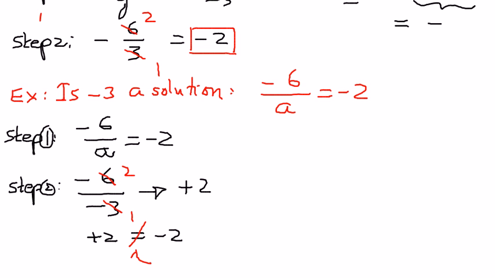This sign indicates not equal to. So positive 2 is not equal to negative 2, and therefore negative 3 is not a solution of the equation given to us, negative 6 divided by a is equal to negative 2.